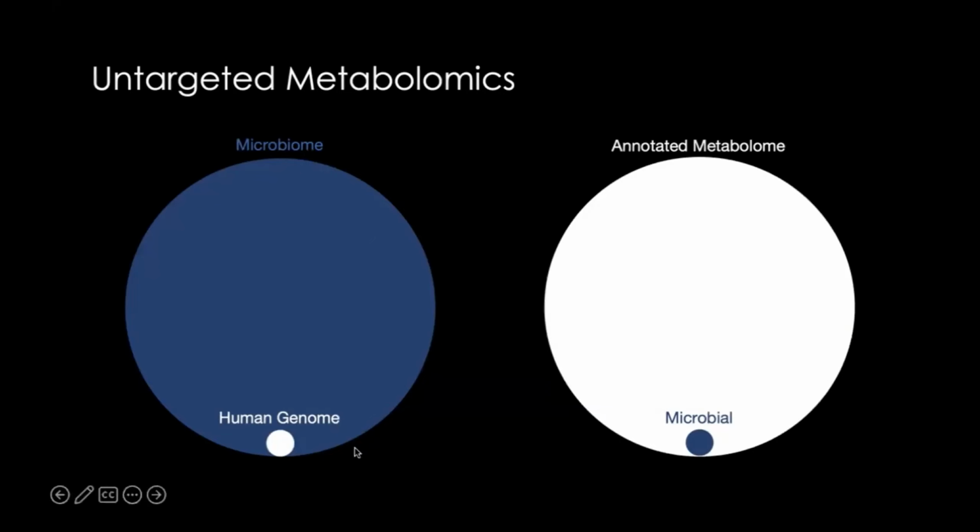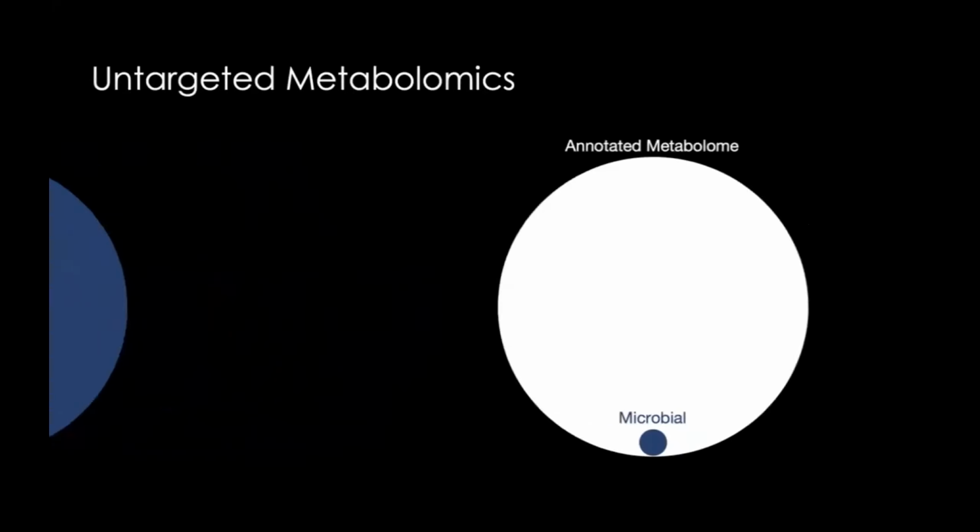And so there's a real disconnect between what we observe based on sequencing versus what we can annotate in terms of metabolites that are produced, especially since we know that microbes are powerhouses of metabolism. So you would expect them to produce lots of different metabolites, but most of those are not well characterized, I should say.